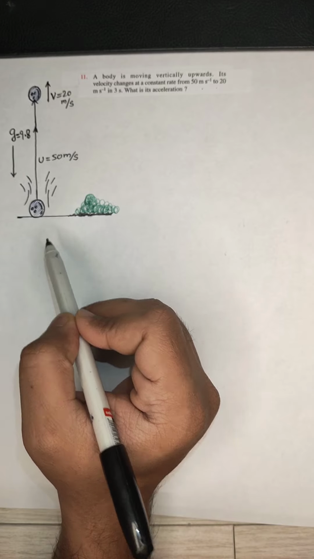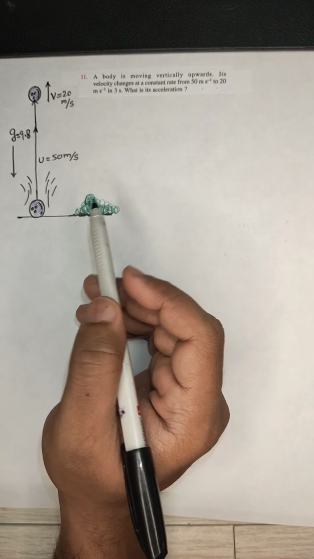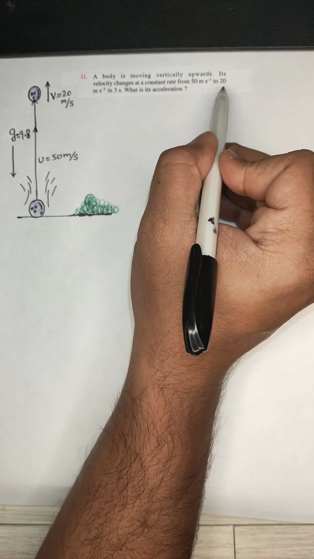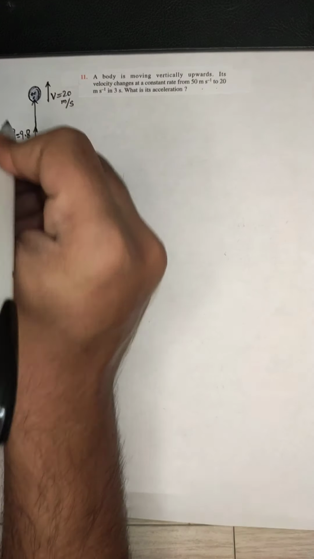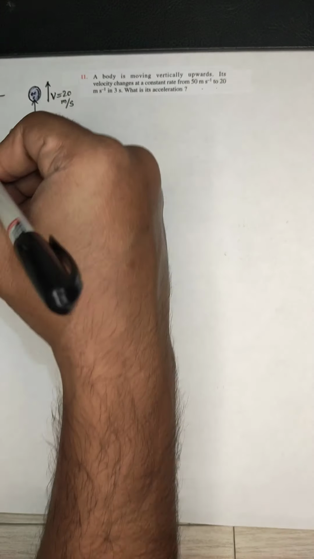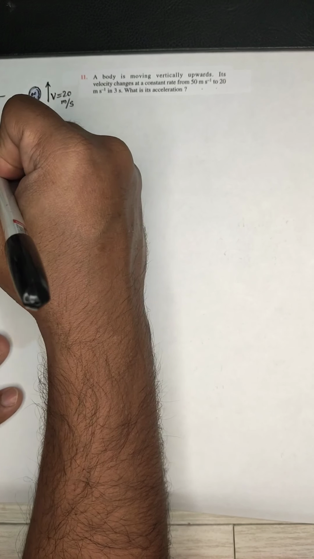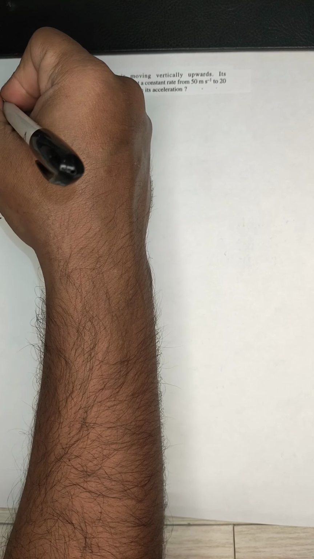Okay. So what are the things we have now? We have the initial velocity, we have the final velocity. And it took almost 3 seconds from the bottom to the top. That means from 50 meters per second to 20 meters per second, it took almost 3 seconds for the entire motion.